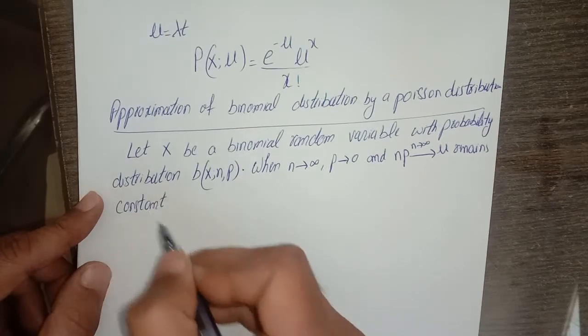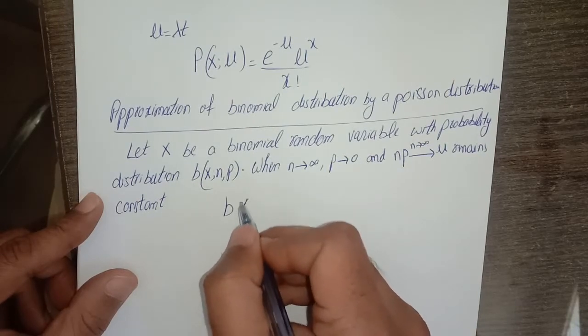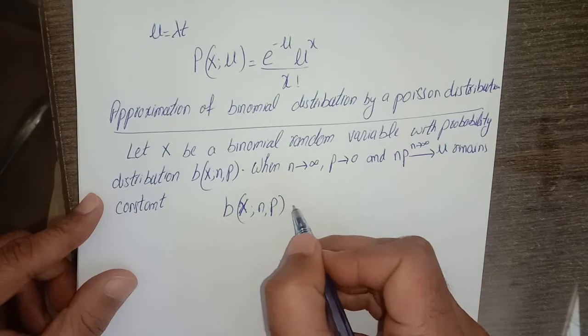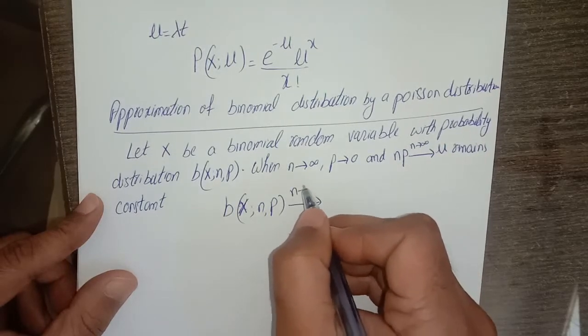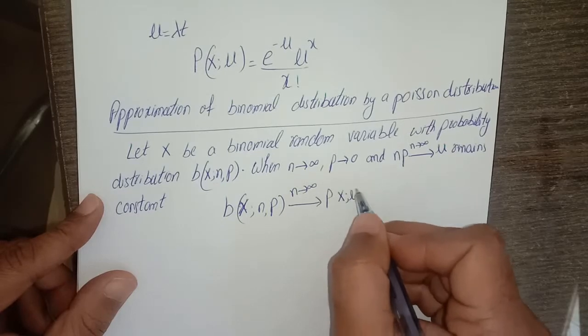Then you can say that b of x, n, p when n tends to infinity is p of x, mu.